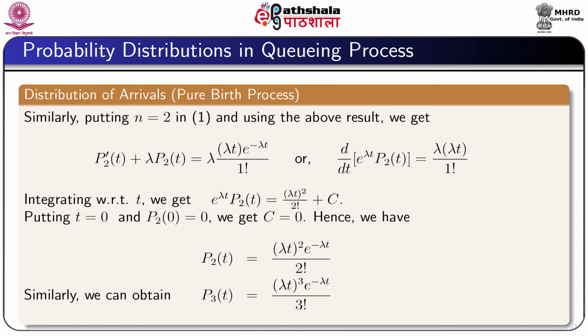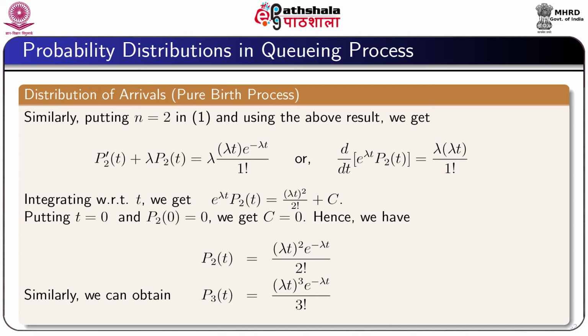Similarly, putting n equal to 2 in equation 1 and using the above result, we get P2'(t) plus λ P2(t) equal to λ into λt e to the power minus λt by factorial 1, or d/dt of e to the power λt into P2(t), which is equal to λ into λt by factorial 1.